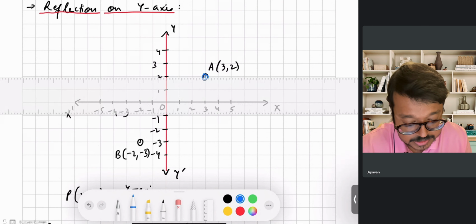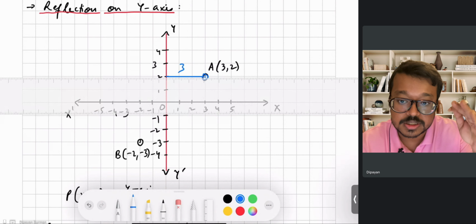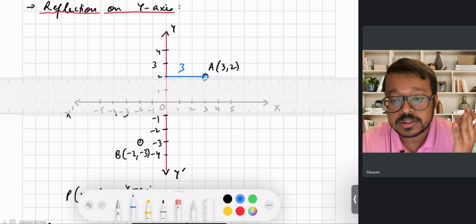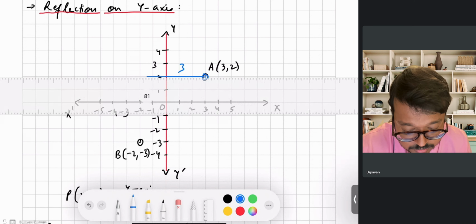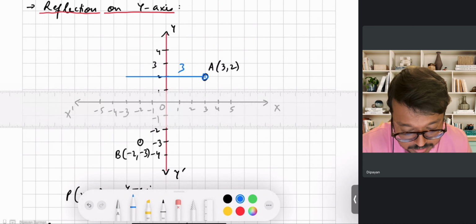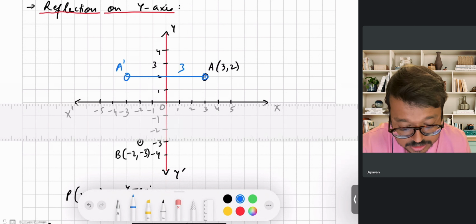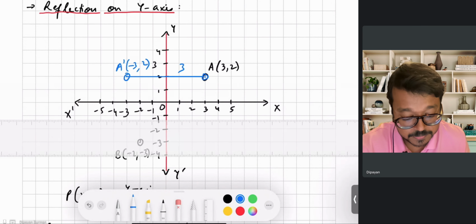I see that it is at a distance of 3 units on the right side of the mirror. Then my image will be formed 3 units on the left side of the mirror. So if I go 3 units to the left, I get this point over here. So this is my reflected point A dash. The x coordinate here is -3, but the y coordinate is still 2.